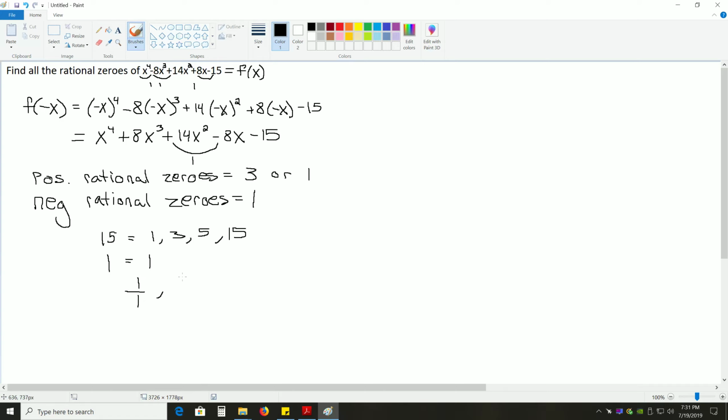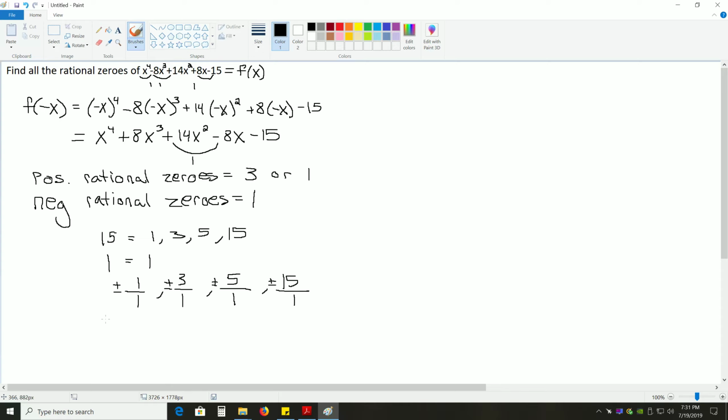Then we have 3 over 1. Then 5 over 1. And finally 15 over 1. These are our only possible choices. And each one of these could be positive or negative. So we put a plus or minus with each one.